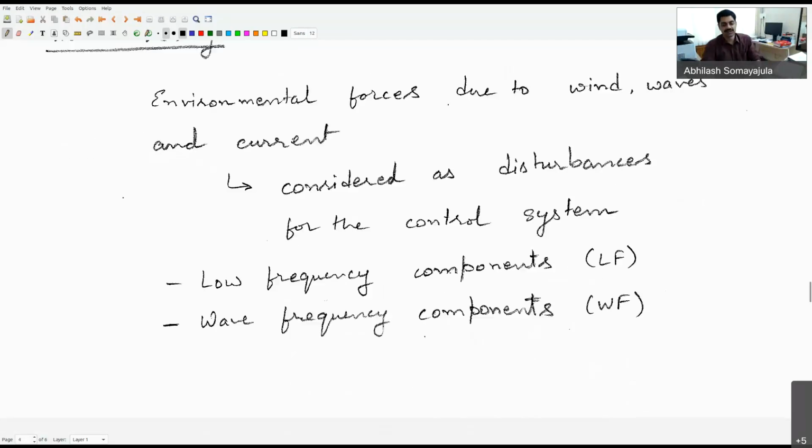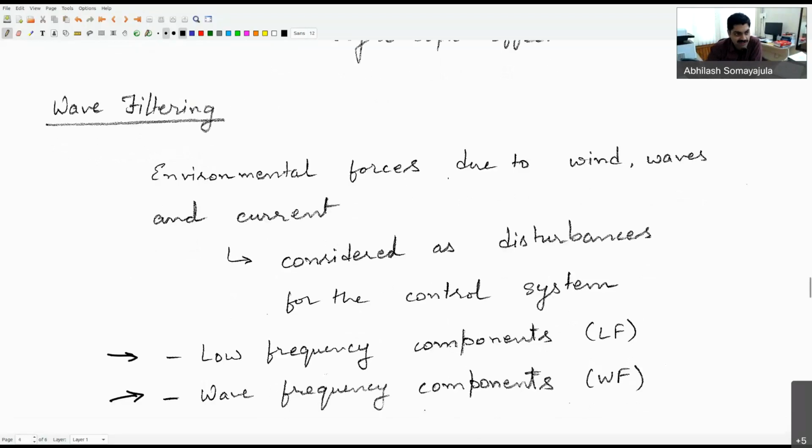So it becomes important to separate whatever we are measuring into two components. We want to separate it into the low frequency components and the wave frequency components. And we are going to denote them by LF and WF respectively. So it is only the low frequency components that you want to really take into effect in your controller in order to do the control system's error manipulation.